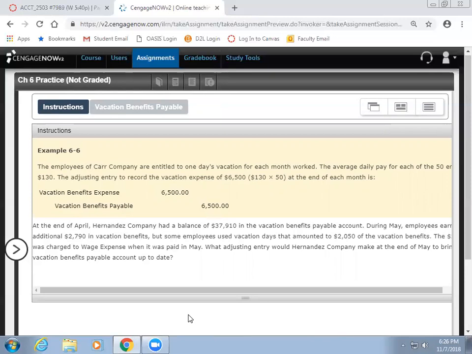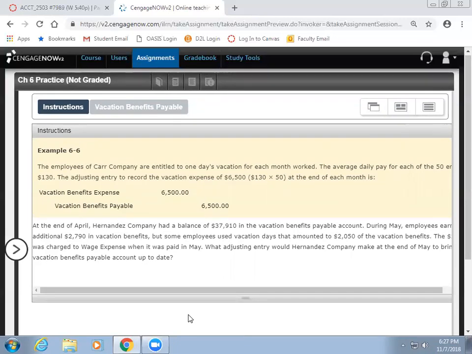In this case, it says the employees of the car company are entitled to 1 day's vacation for each month worked. The average daily pay for each of the 50 employees is $130. So when they report that vacation expense at the end of each month, you're looking at $130 for 50 employees, because it's 1 day of vacation.